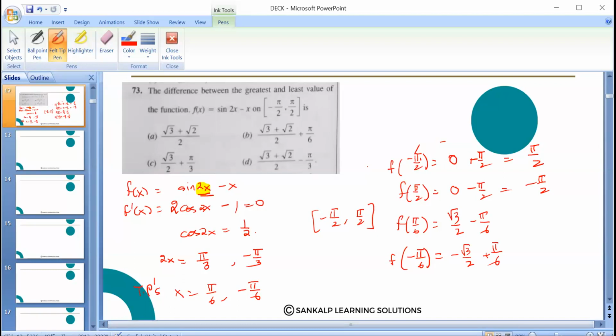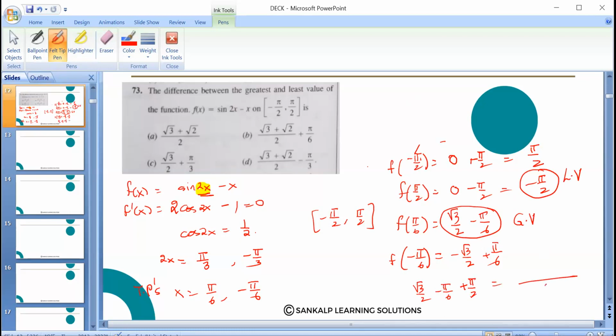So which one is the greatest value and which one is the least value? This is the greatest value. Least value is this. The difference: root 3 by 2 minus pi by 6 plus pi by 2.